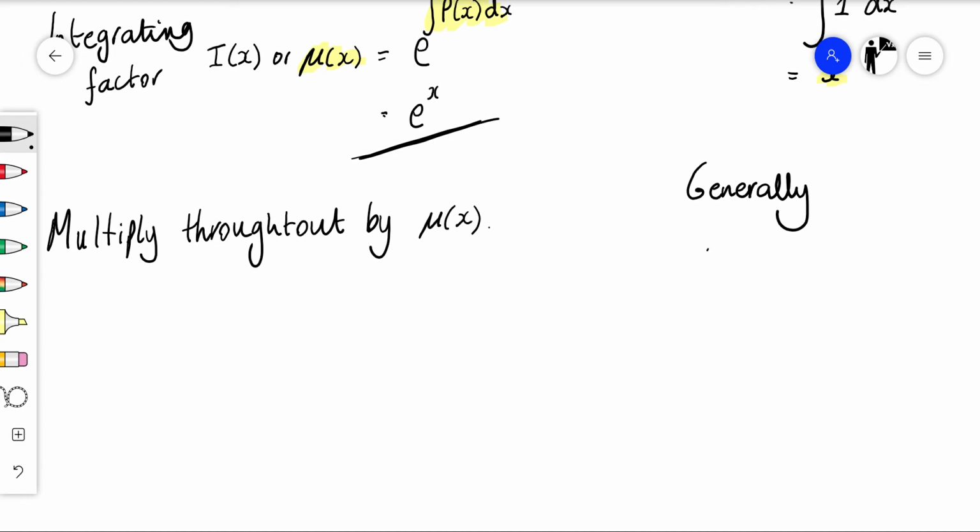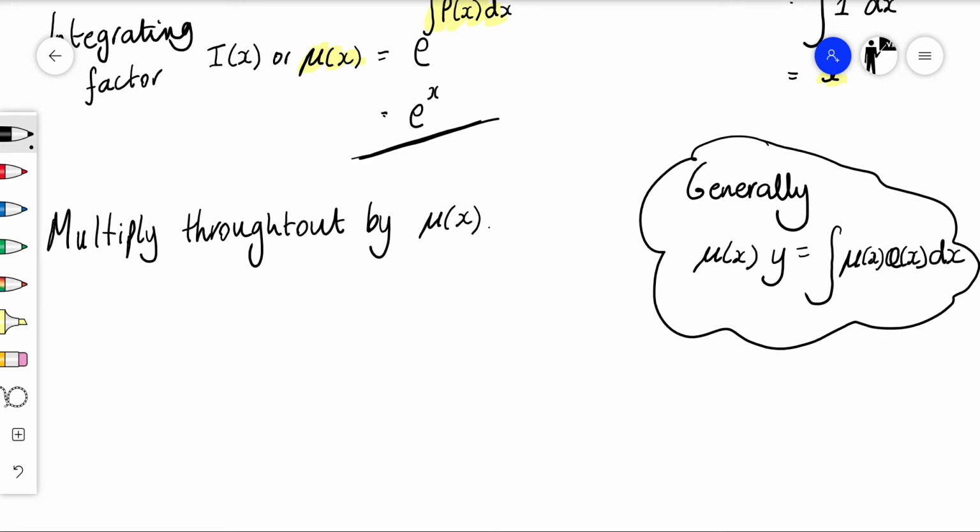It will become the form of the integrating factor multiplied by y is equal to the integral of the integrating factor multiplied by our function q of x. It will always go to that form. So if we are multiplying throughout by mu of x, it's going to go into this general form here.